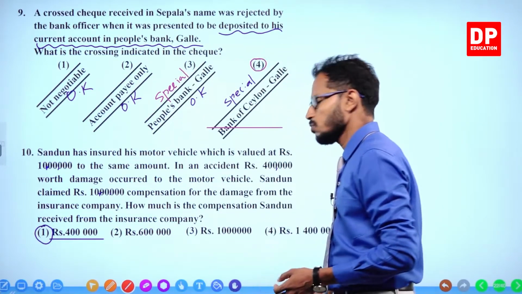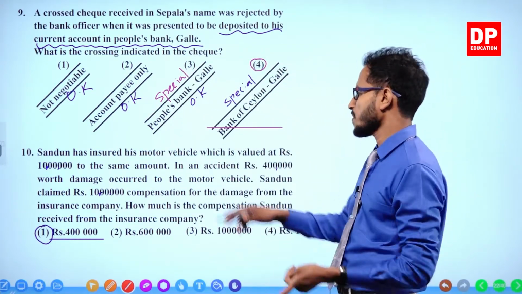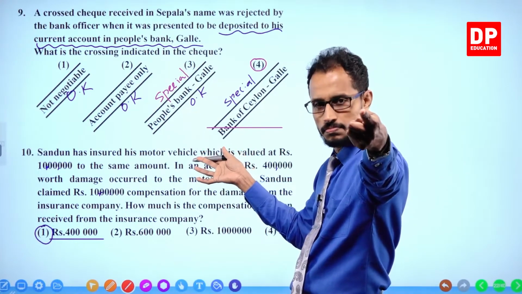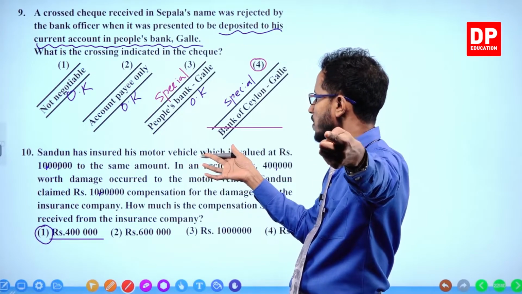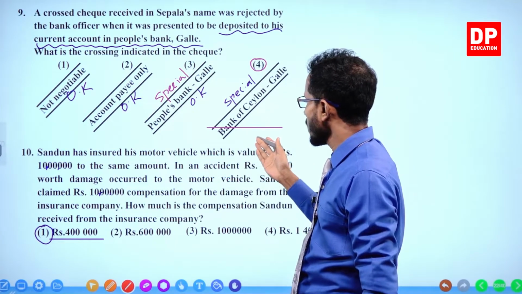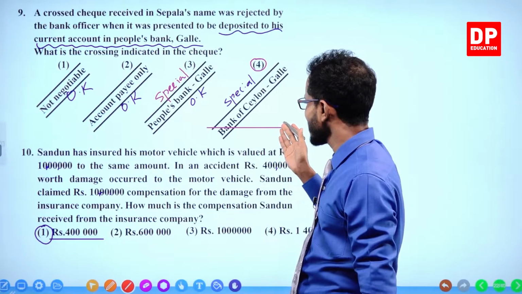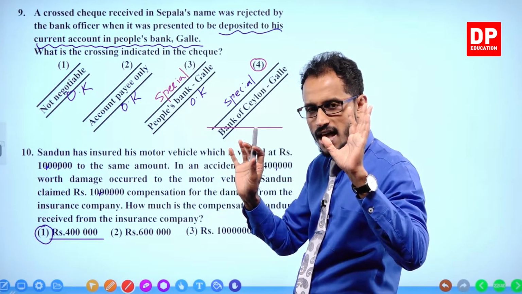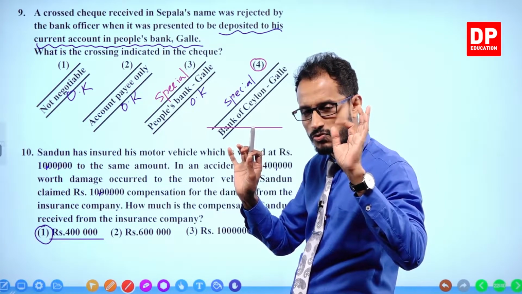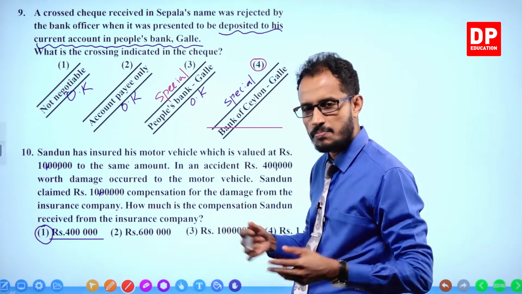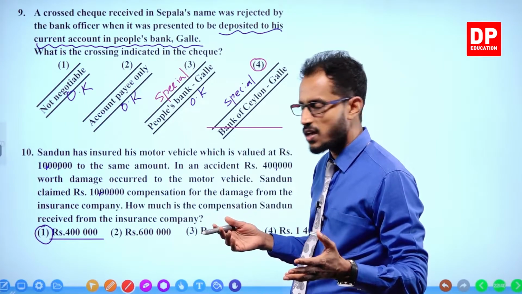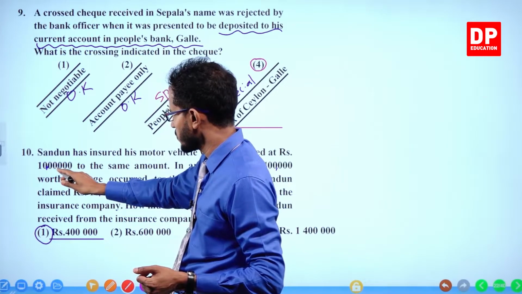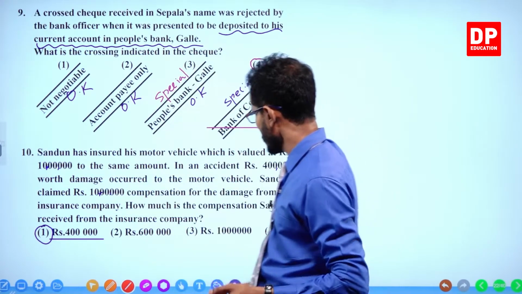If your car is insured at the real full value, the real valuation of the car is 1 million.